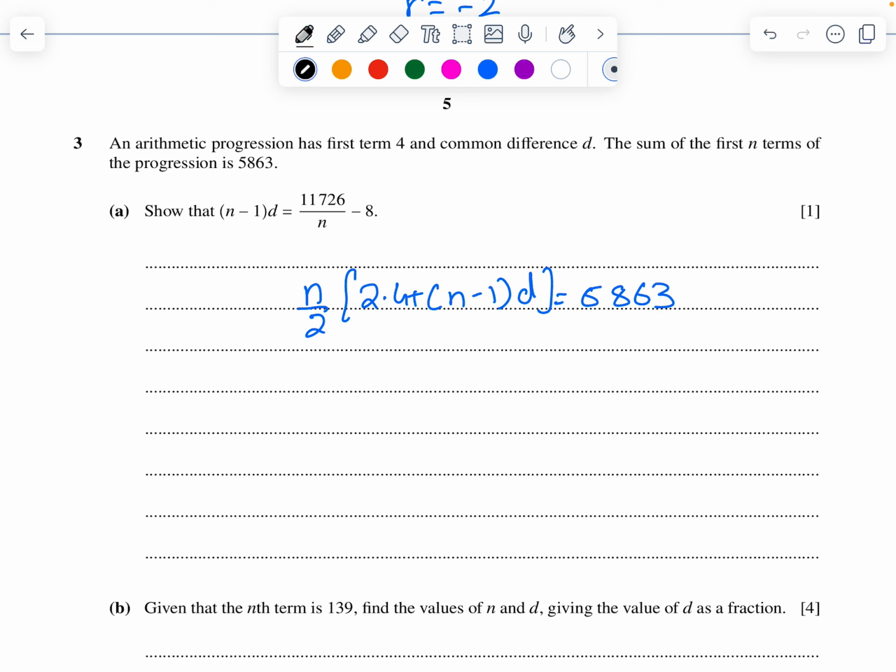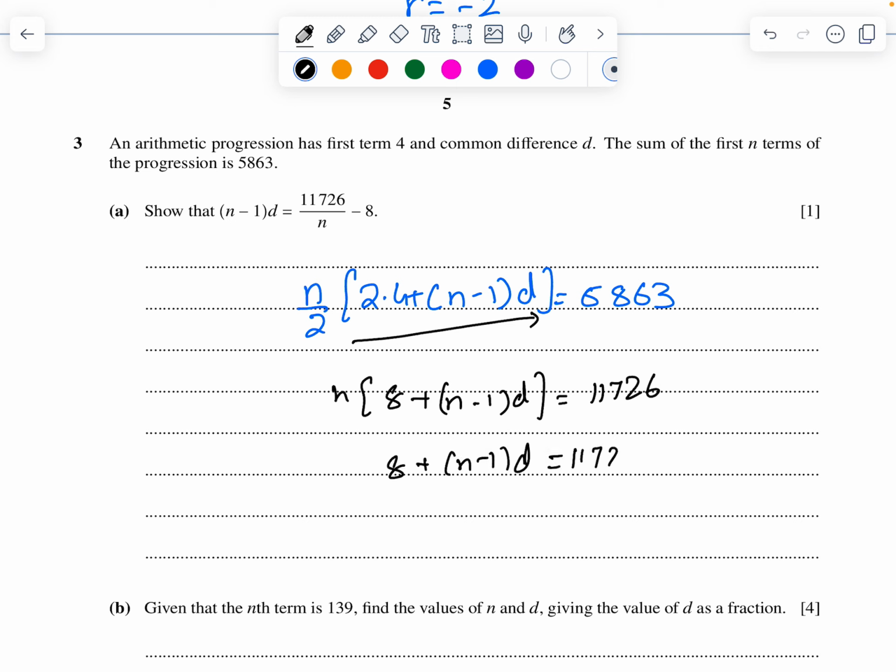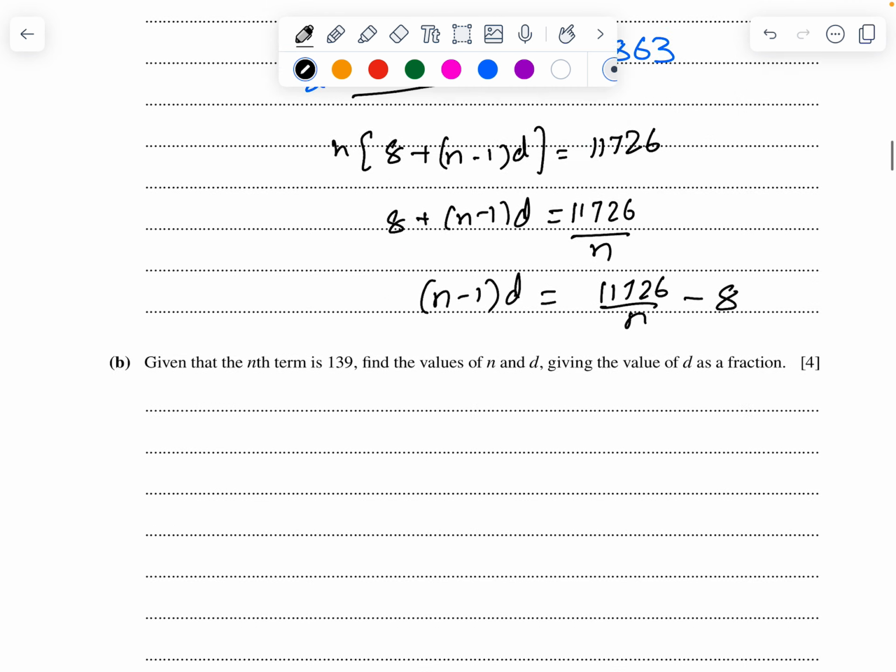Then do the cross multiplication. n times 8 plus n minus 1 times d equals 11,726. Now bring the n to the other side. 8 plus n minus 1 times d equals 11,726 divided by n. Then plus 8 becomes minus 8. n minus 1 times d equals 11,726 divided by n minus 8.